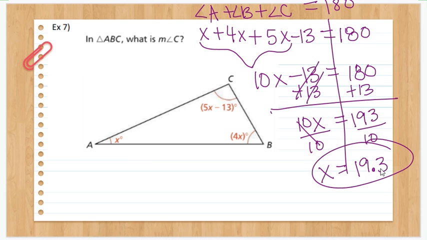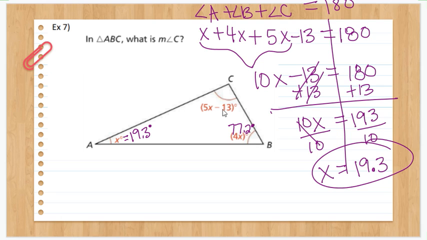It's okay. You were supposed to get a decimal for this one, so don't freak out every time you get one. Typically it might be a flag that something is wrong, but this did work out with a decimal. That tells me what x is. So angle A is 19.3 degrees, and angle B is 4 times that. Using my calculator, 4 times 19.3 gives me 77.2.